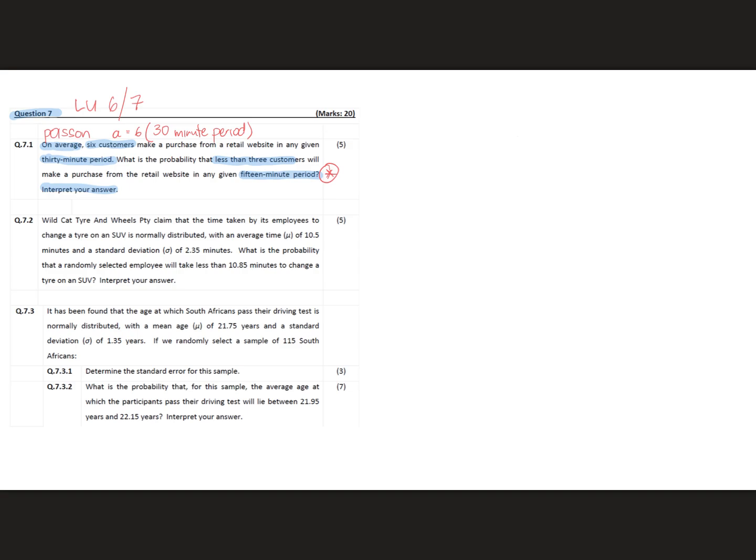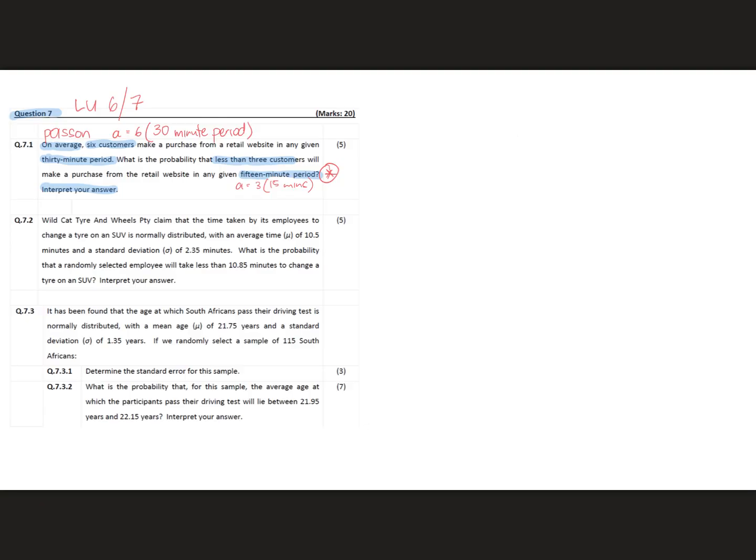So that would mean for our question and to answer this question, we actually need to halve the A value as well. So in a 15-minute period now, actually, let me just write down the number itself. In a 15-minute period, this would make A equal to 3. So I'm just going to say in 15 minutes.